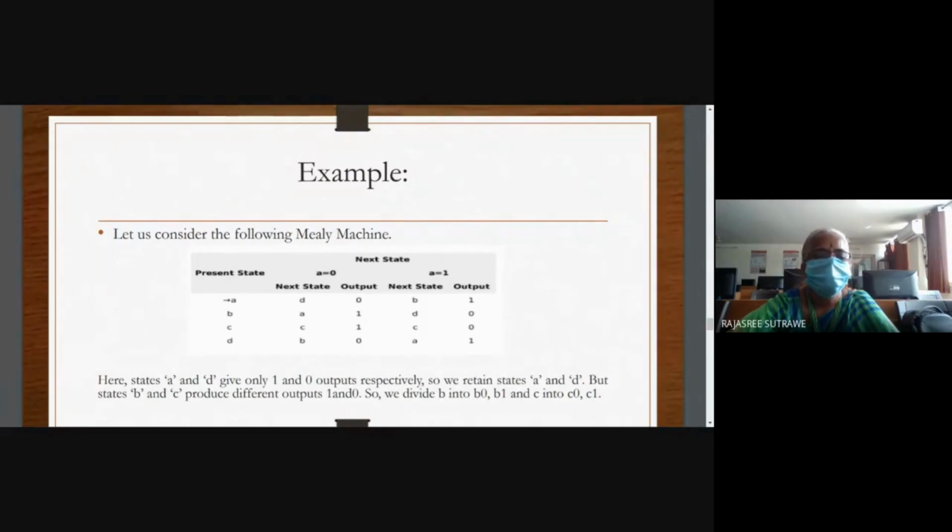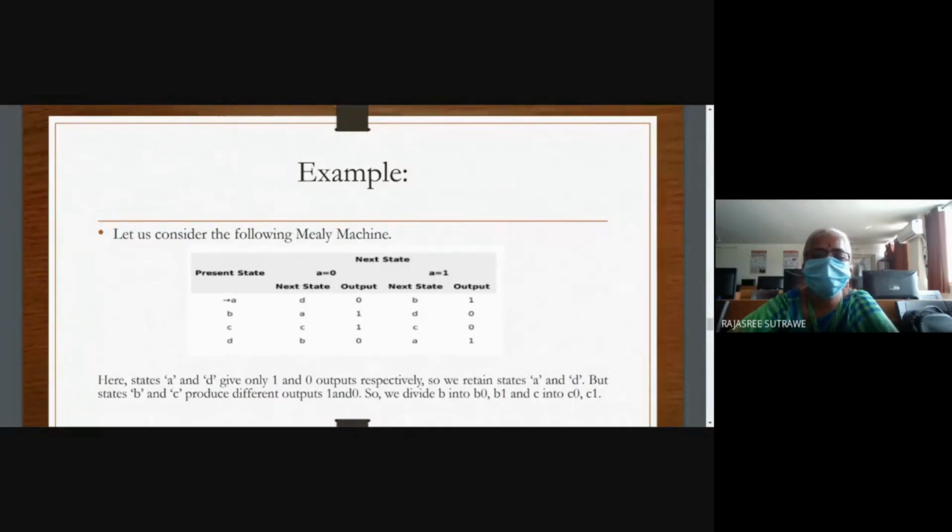Okay. So A and D give only 1 and 0 output. If you see here, A is 1 only, D is 0 only. D is 0 only, A is 1 only. Like that we have to check now. Are you getting me? So how we are going to check? For D equal to 0 here, A equal to 1, C equal to 1, B is equal to 0. But B is equal to 1, D equal to 0.